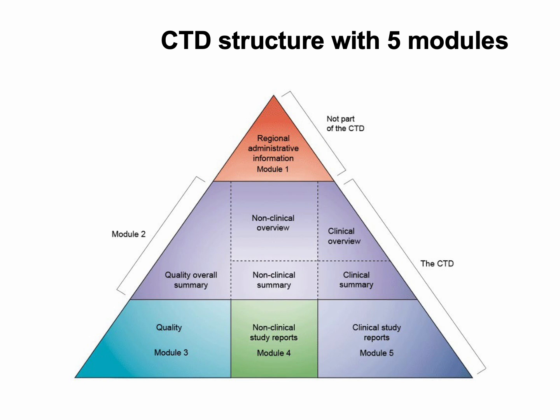In module 4, we are going to add into the module 4 submodules information related to the non-clinical study reports. And the same thing applies to module 5, where we are going to add information in different submodules of module 5 related to the clinical study reports.